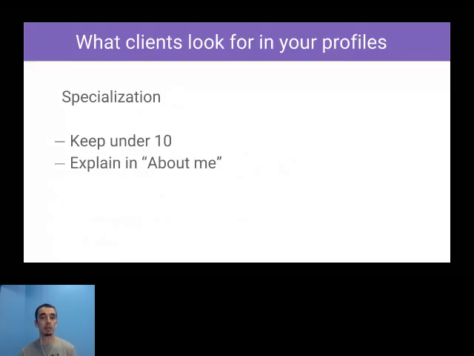So in specialization, do not include too many specializations. It is not good in general for you as a translator to translate everything that comes your way. But I've seen profiles where people indicate nuclear energy, religion, marketing, medicine, legal, and I don't know, video games.